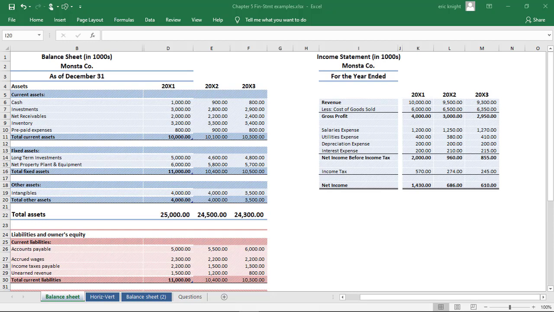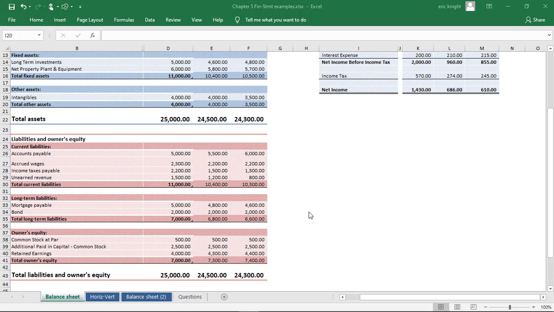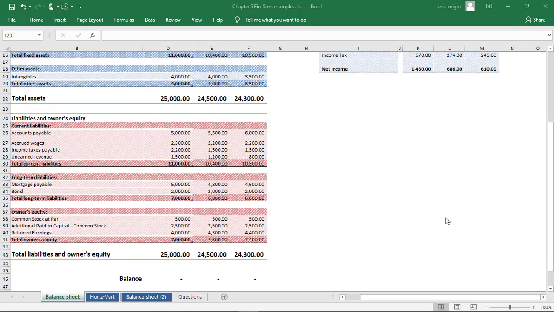If you look down on the balance sheet a little bit further, you'll notice that we have the other side of the balance sheet, which shows the liabilities, meaning the loans and things that are like obligations that the company has, and the equity, meaning who's invested in the company.